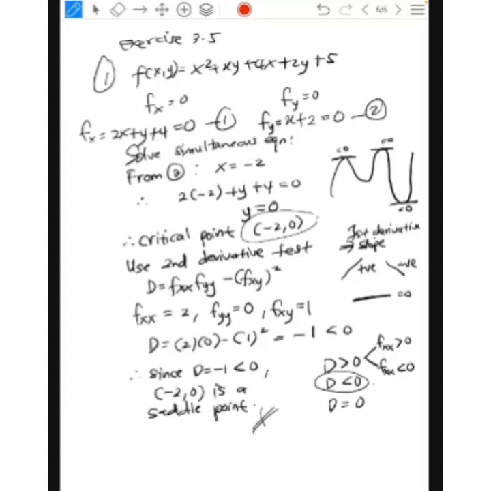Okay, let's look into question number 2. Three y squared minus 2xy plus x squared minus x. Okay, so again, just find fx and then equal to 0.